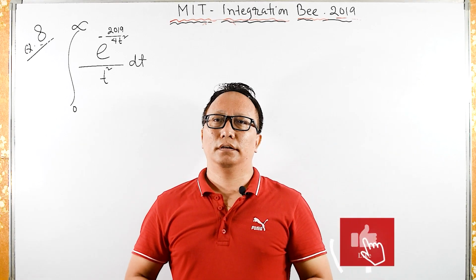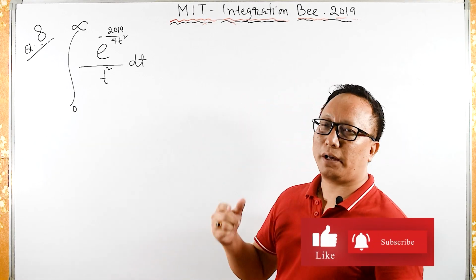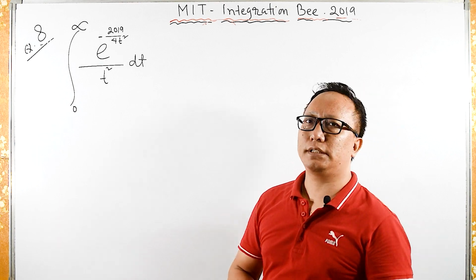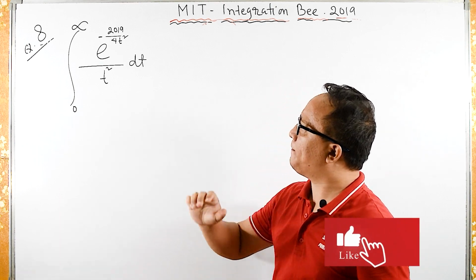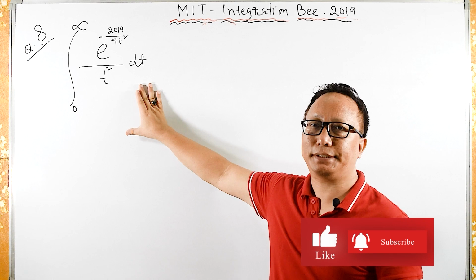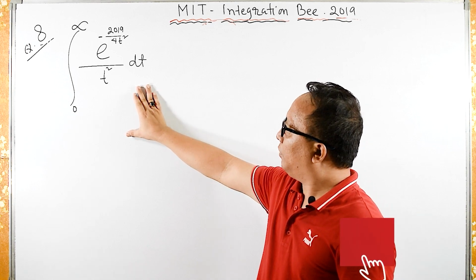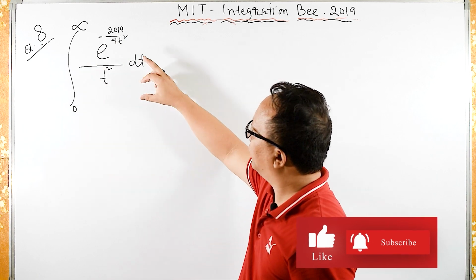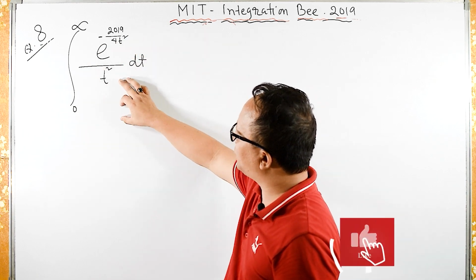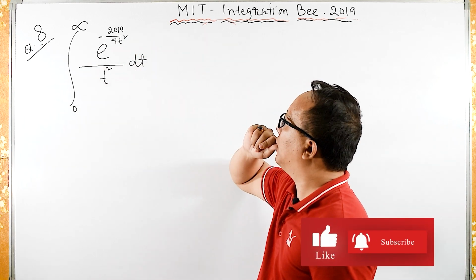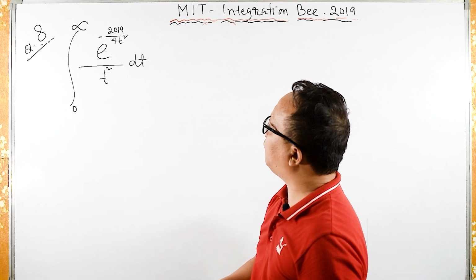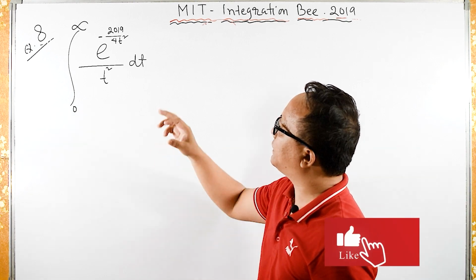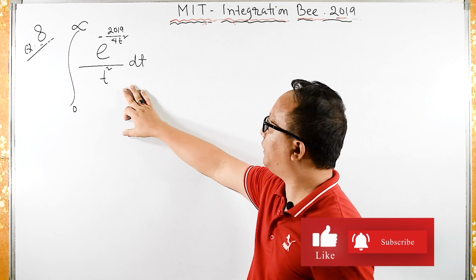Welcome back. This integration was asked in the MIT Integration Bee qualifier exam in the year 2019, and this is question number 8. Look here, we have the integration from 0 to infinity, and we have 1 upon t square, and the differentiation of 1 by t is minus 1 upon t square.